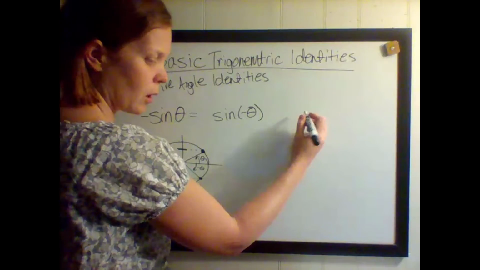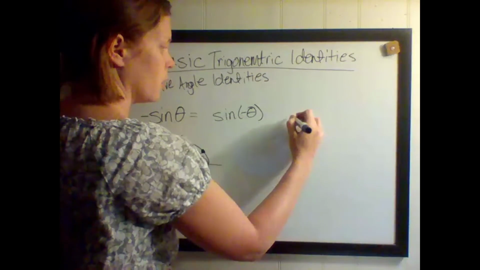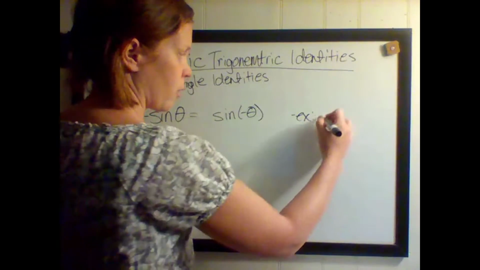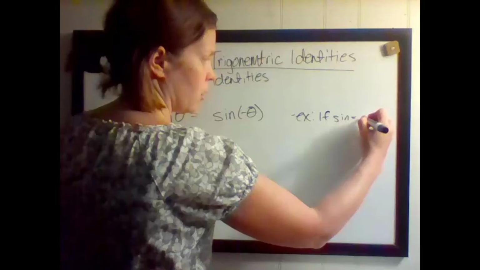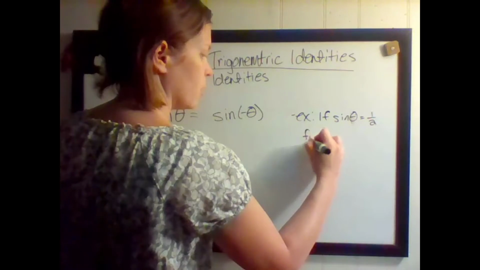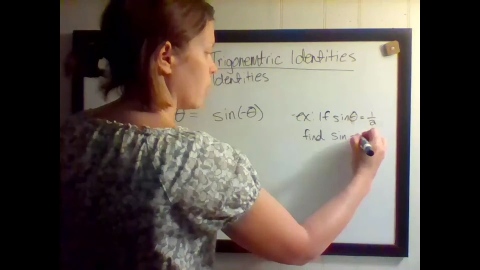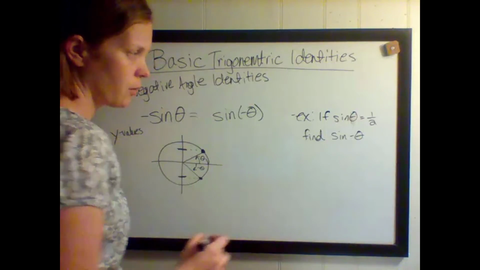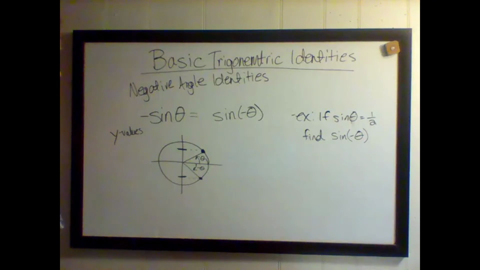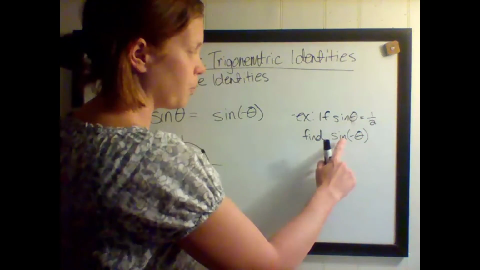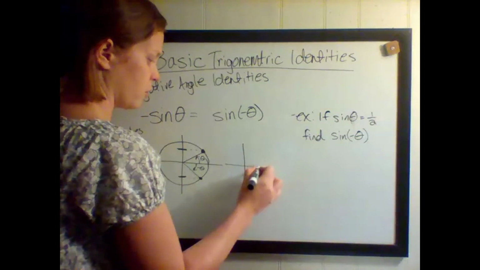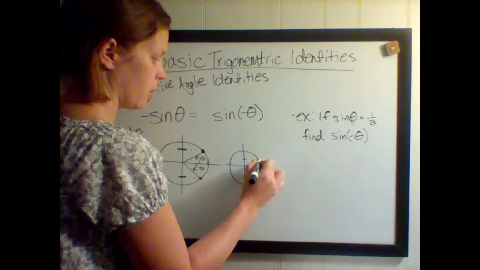Let's do an example. If sine of theta equals a half, find sine of negative theta. We usually show this in parentheses. Whatever the angle is, I could figure it out, but let's pretend I don't know what it is. If sine of theta is a half, let's draw the unit circle, and I'd be right here.